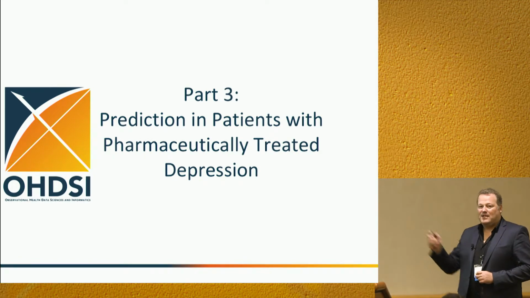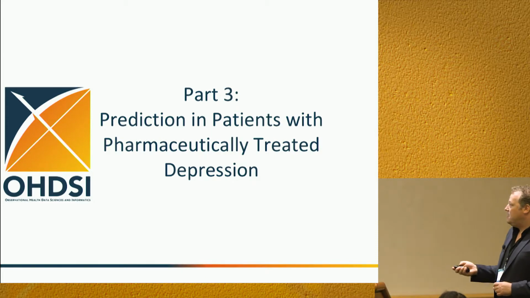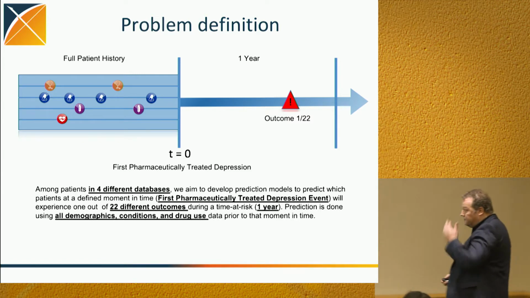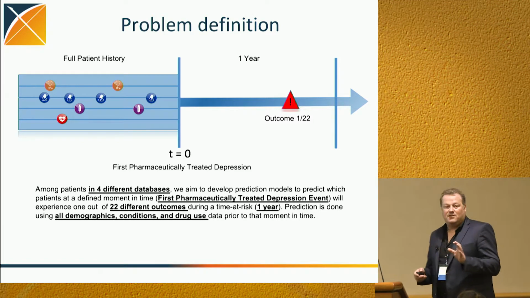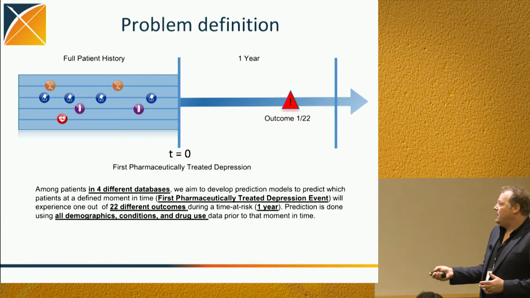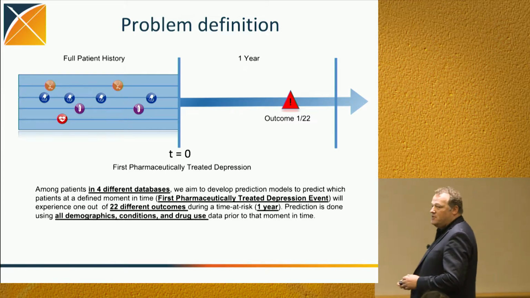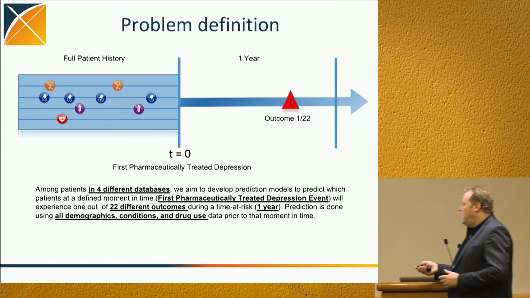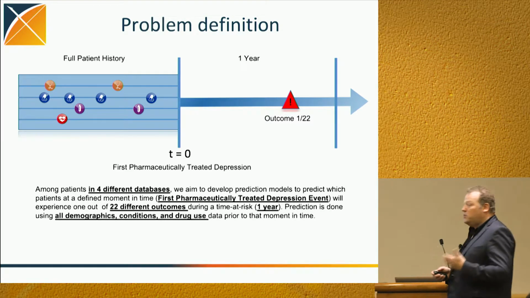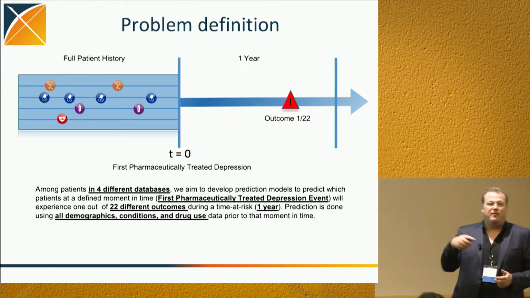I'd like to go to the last part, the depression example. This is a study that we presented at the OHDSI Symposium. I just wanted to use it as an example of what we can actually do with the package. So in this question, among patients in 4 different databases, we want to develop a prediction model for people that had a first pharmaceutically treated depression, and they experienced 22 different outcomes.